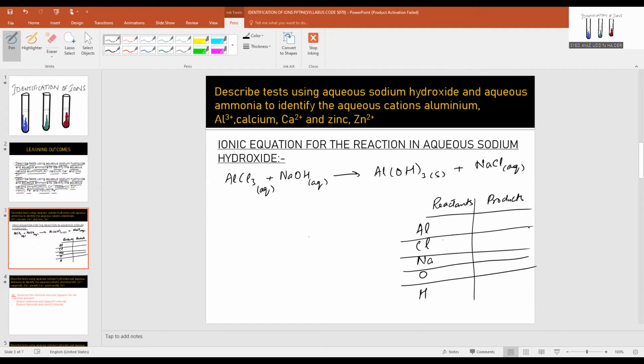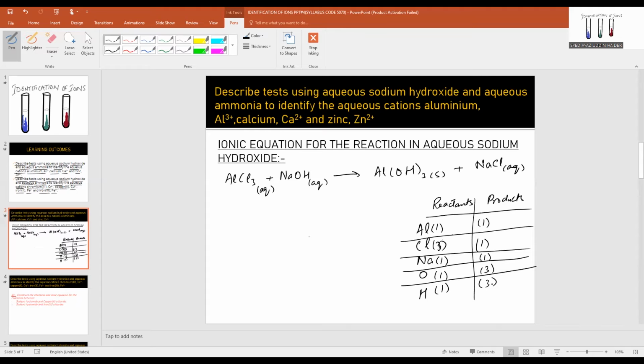Count the number of atoms on each side. You'll find Al, 1 on both sides of the equation. Chlorine is 3 on the reactant side, but 1 on the product side. Na is 1 on both sides. O is 1 on the reactant side, but 3 on the product side. Hydrogen, 1 on the reactant side, 3 on the product side.